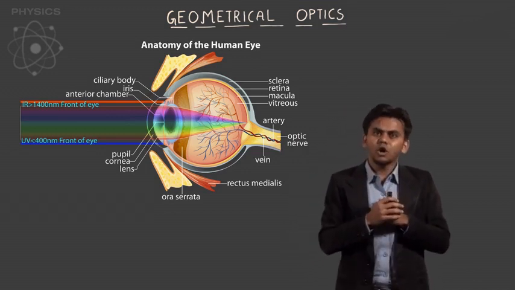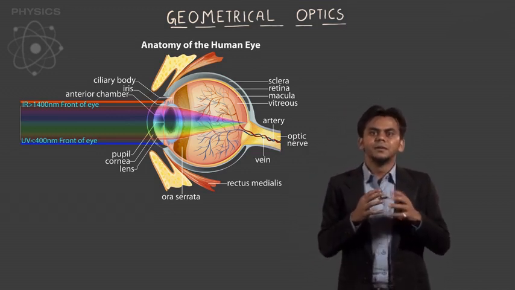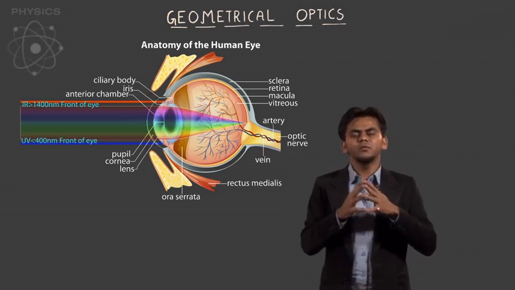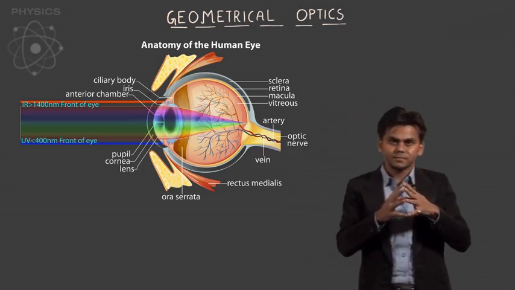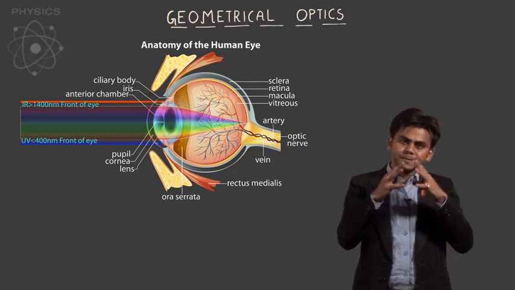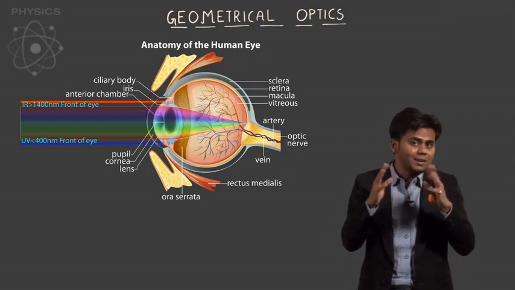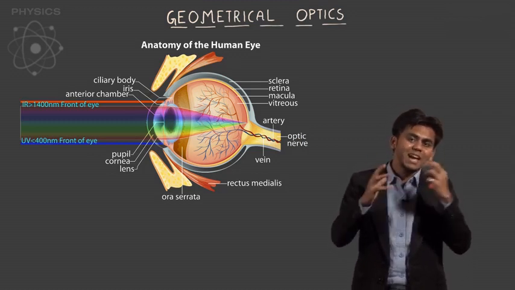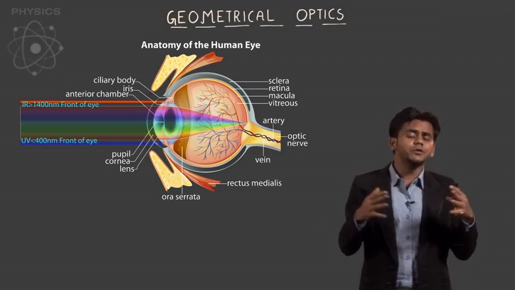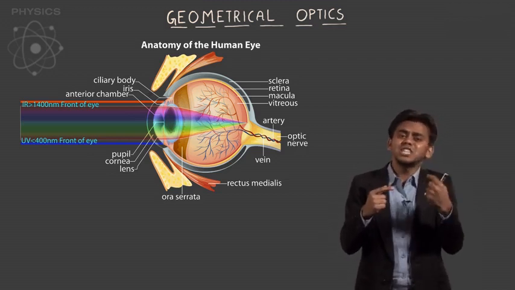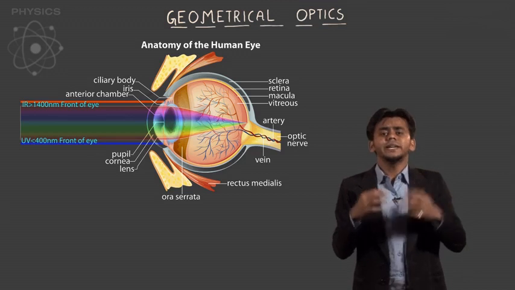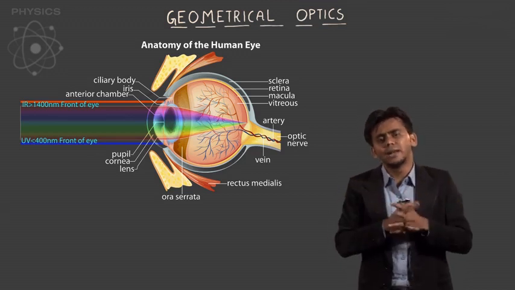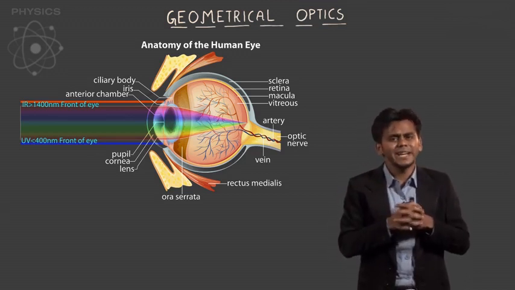Now, if the objects are nearer, my rays won't be parallel and I'll have to converge them. So I'll have to decrease my focal length, right?